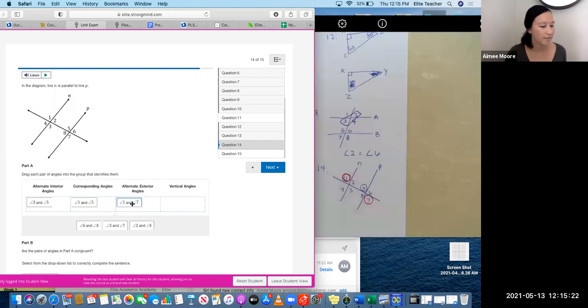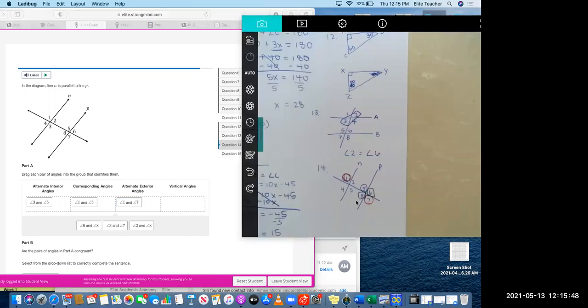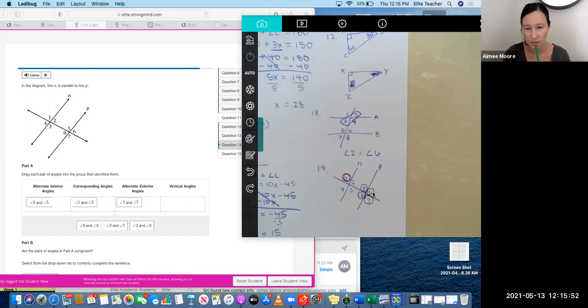Okay, and then we have 6 and 8. So angle 6 and angle 8. Are those alternate interior, corresponding, alternate exterior, or vertical? What do you guys think?